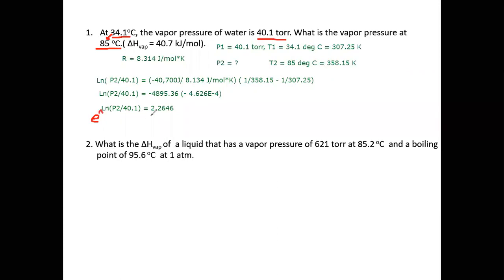So we raise that side to the e, we raise this side to the e, the ln and the e cancel out, and we get P2 divided by 40.1 equals, again, if you want to find the e function, on most calculators it's called the anti-ln. And you get 9.6273.